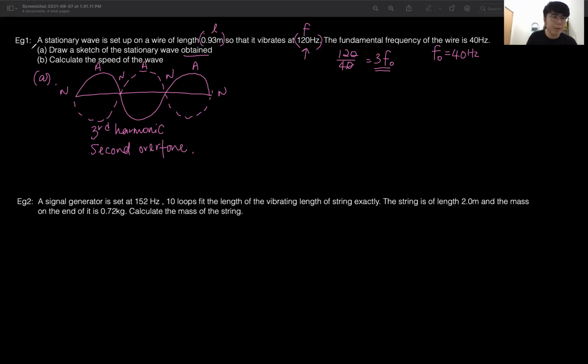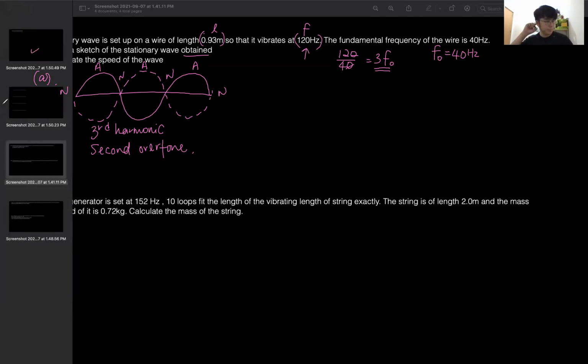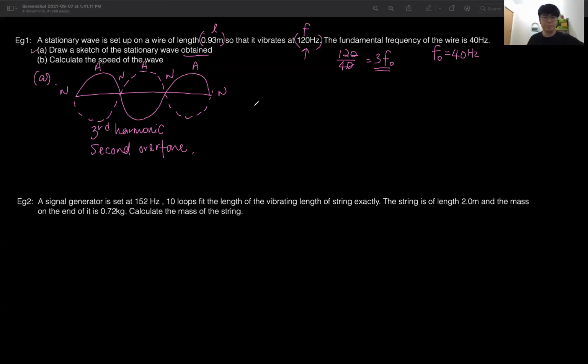B, calculate the speed of the wave. Okay, we can use the general formula, frequency times wavelength. But first, you have to get the wavelength. Frequency we already have, 120 Hertz. The wavelength for the third harmonic is equal to 2/3 of the length.